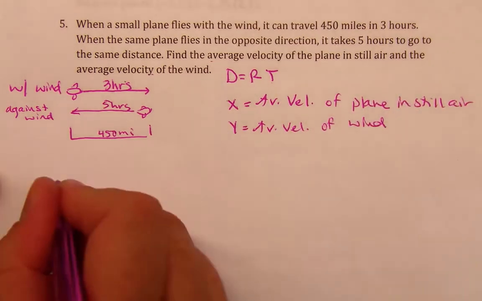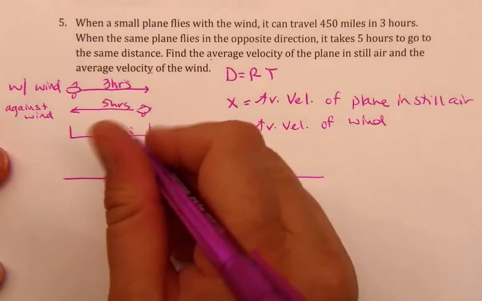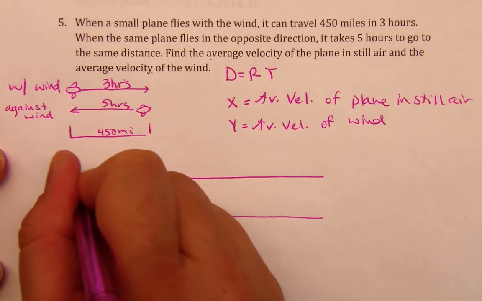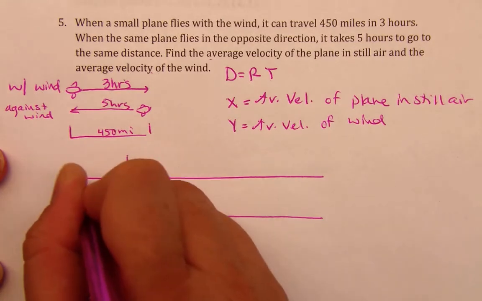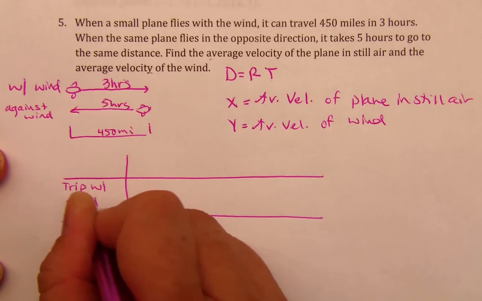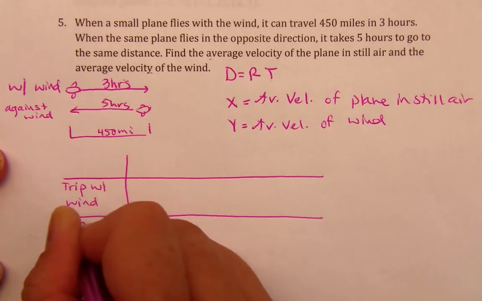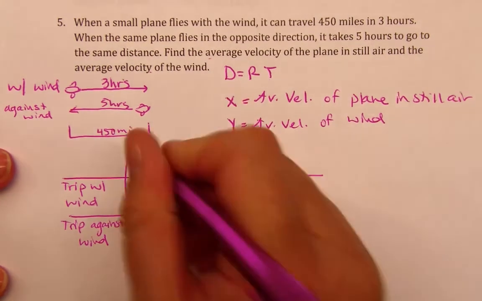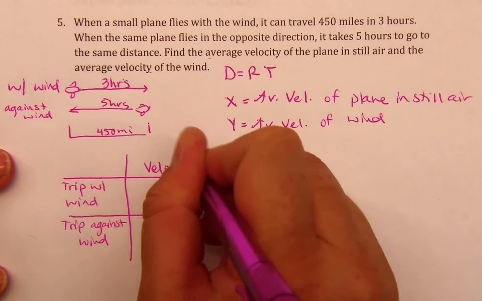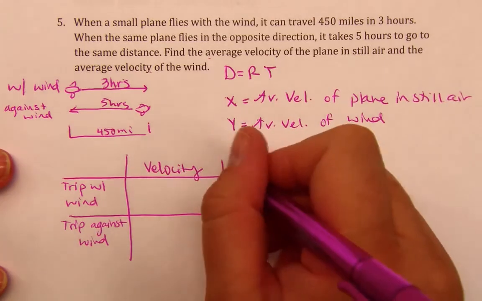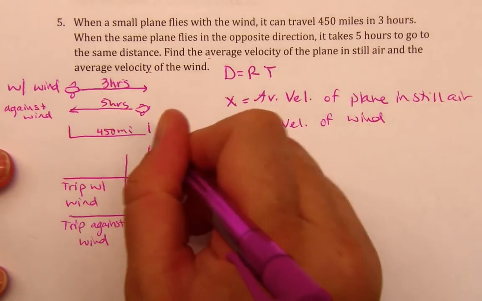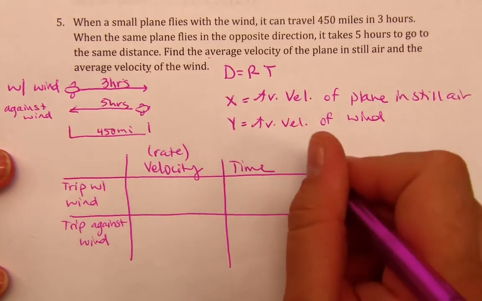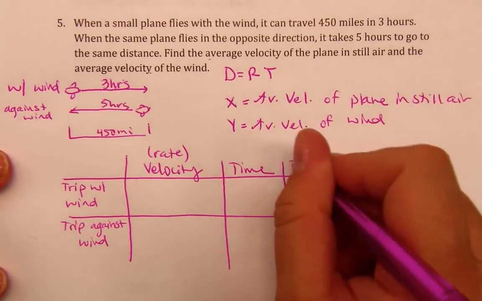So we can use those to make a table. So this is the trip with the wind and the trip against the wind. Okay, and velocity or rate, and our time, and those two multiplied are going to give us our distance.